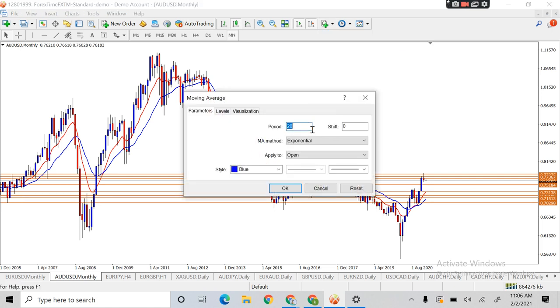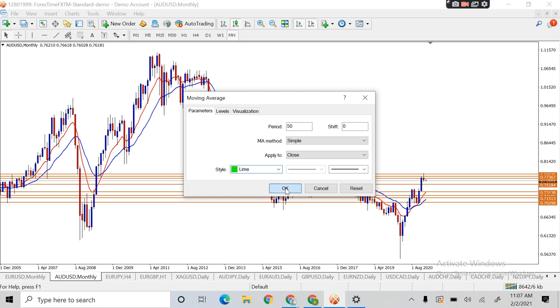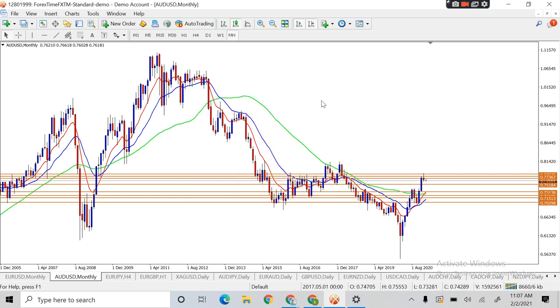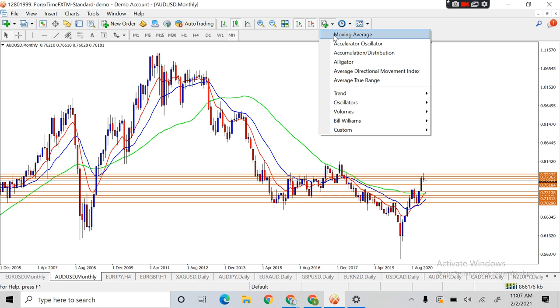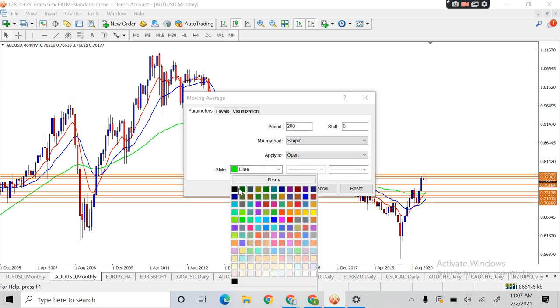I like using 4 moving average lines. It helps me with my analysis. Green will be good for it. All right, the last one is 200. It is always the black line.